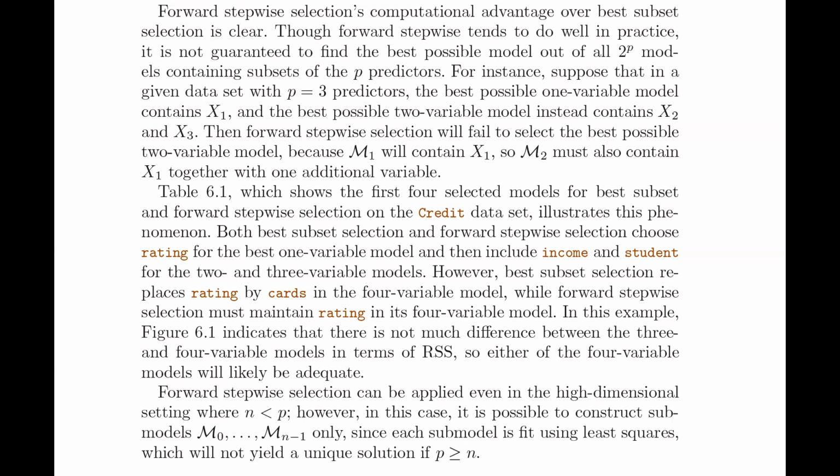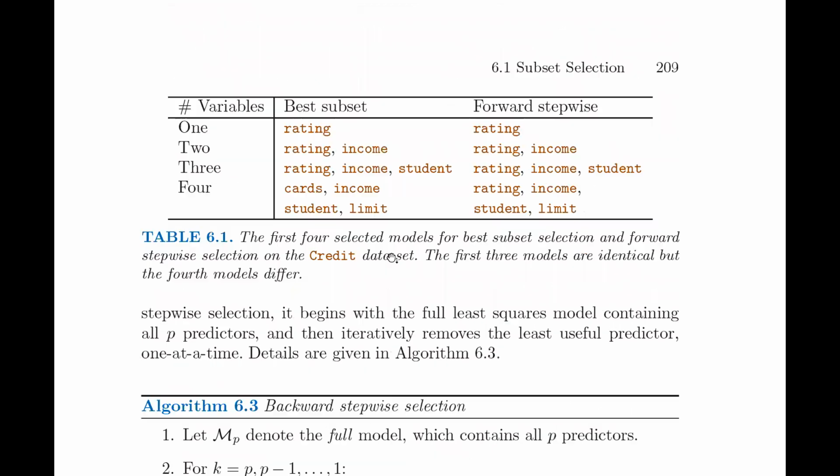Table 6.1, which shows the first 4 selected models for best subset and forward stepwise selection on the credit dataset, illustrates this phenomenon. Let's have a look. So this is table 6.1.